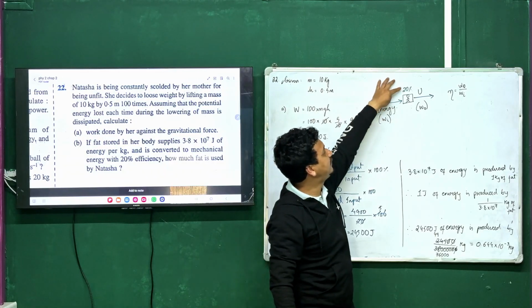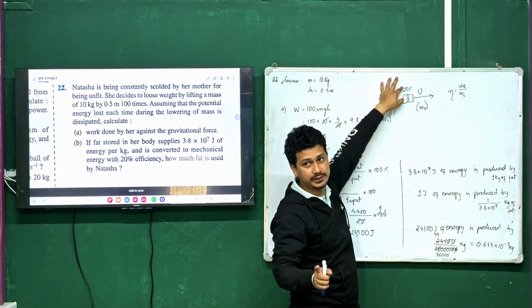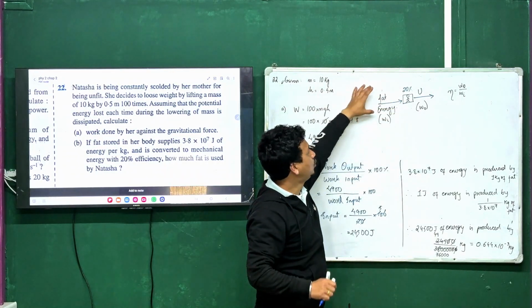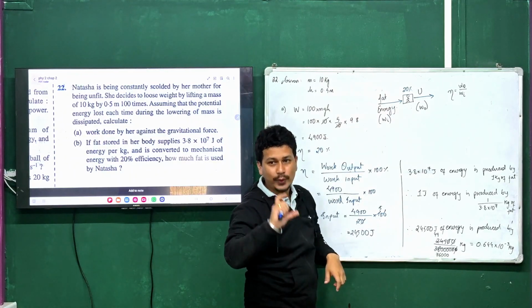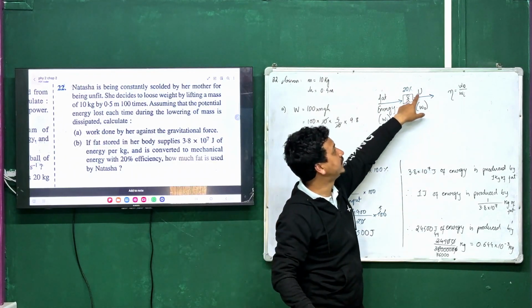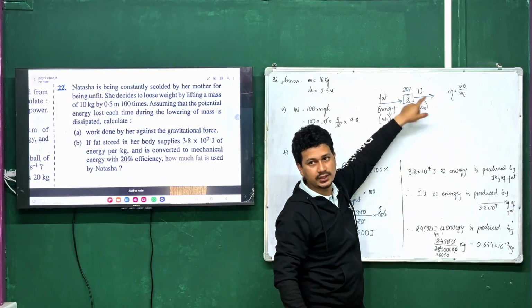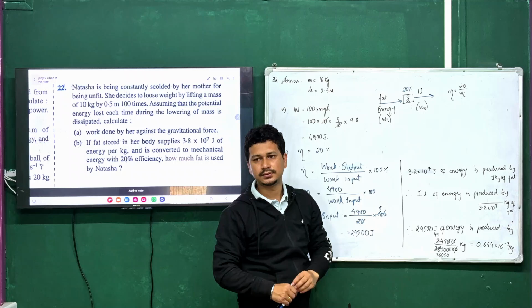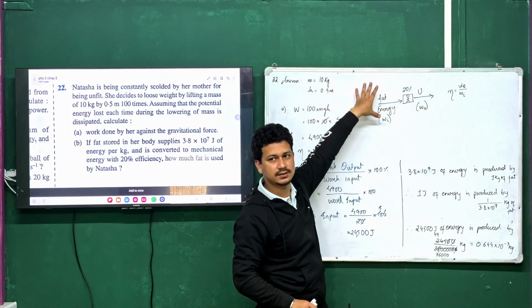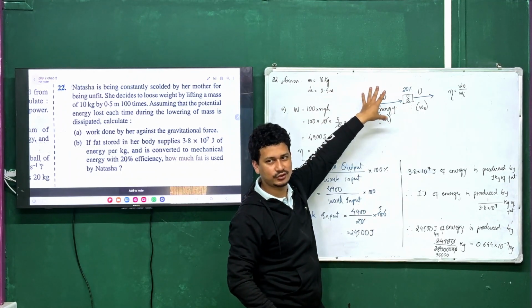According to the question, the fat energy has an efficiency of 20%. That means whatever energy the fat gives, only 20% of it will be converted to potential energy. The rest 80% will be wasted, let's say, in the form of heat. That's what this part says. Did you get it? You sure?